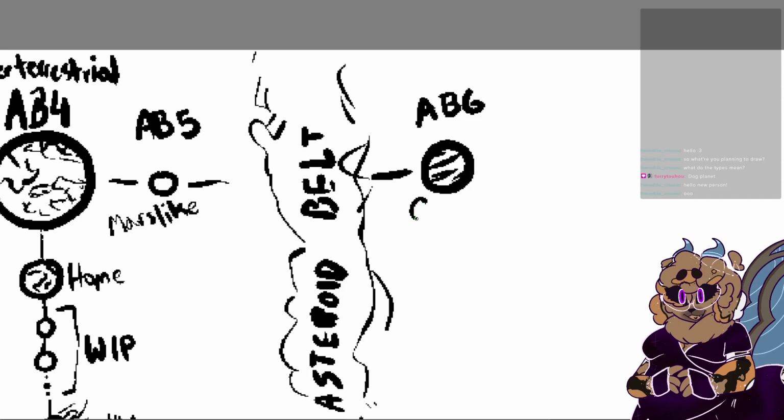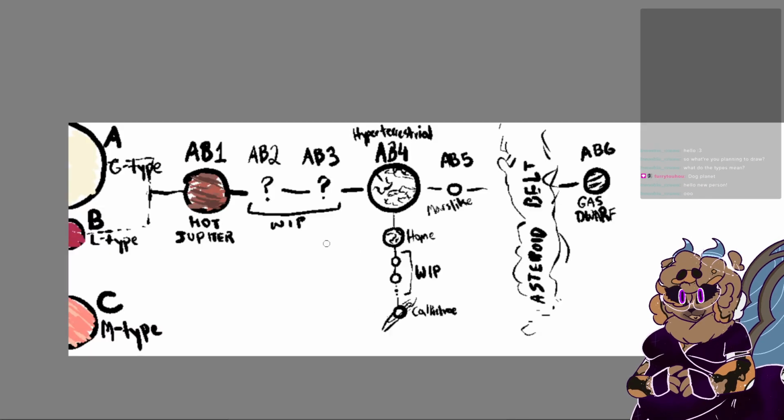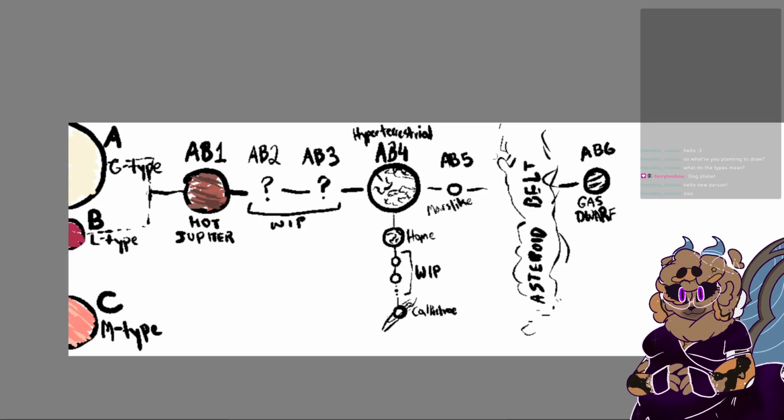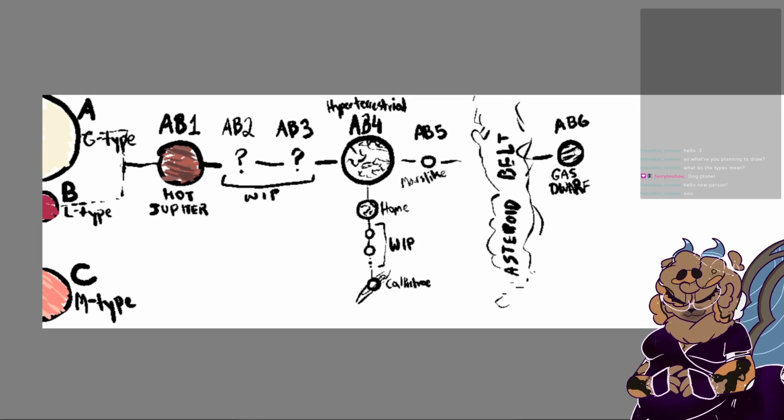So I'm going to label that gas dwarf. Also, I'm not worrying about rings or anything of the sort just yet, because I'll figure that out once I get to more details of the planets.